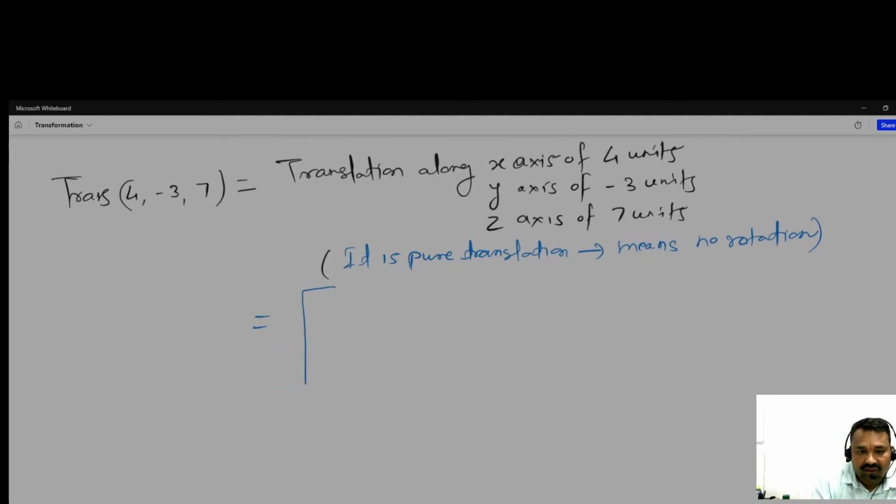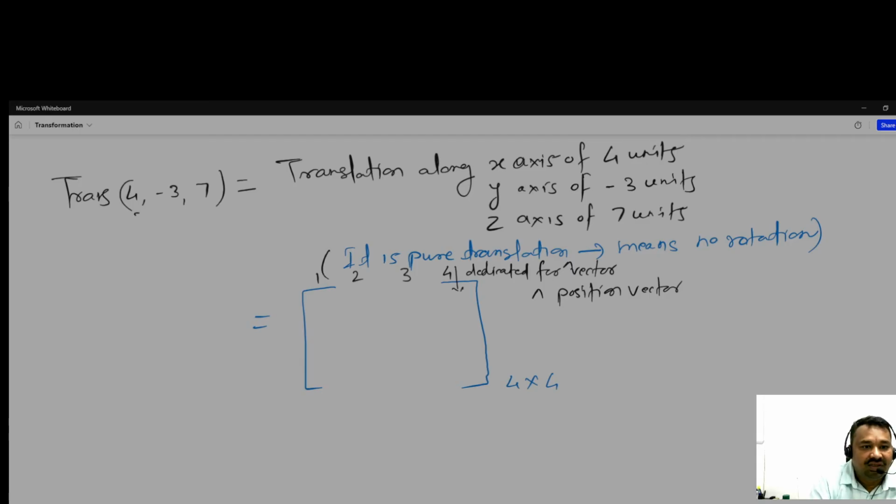It will be a 4 by 4 matrix, and as we know, the last column, column 4, is dedicated to the position vector.